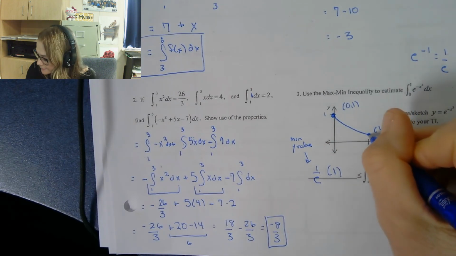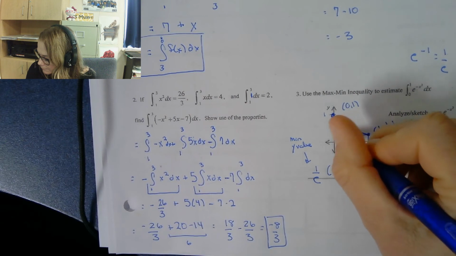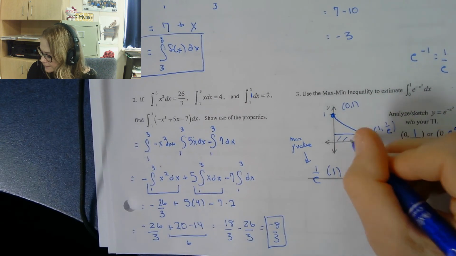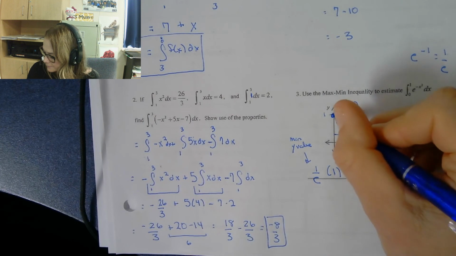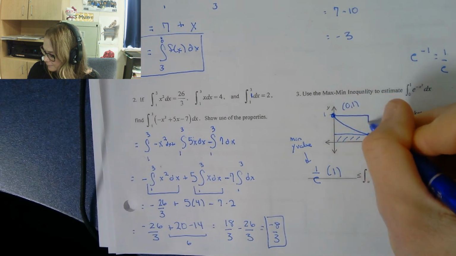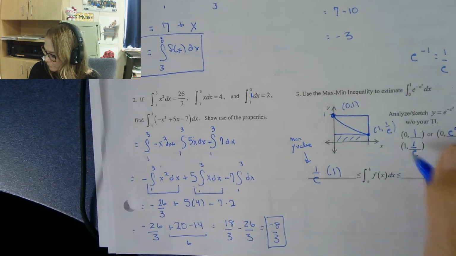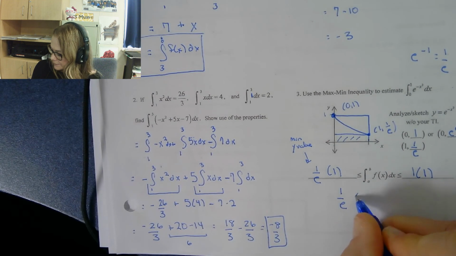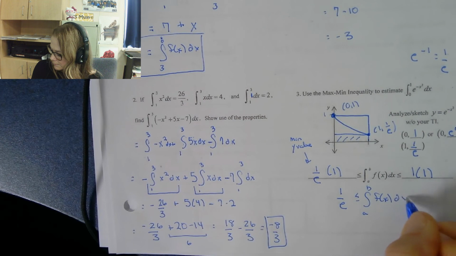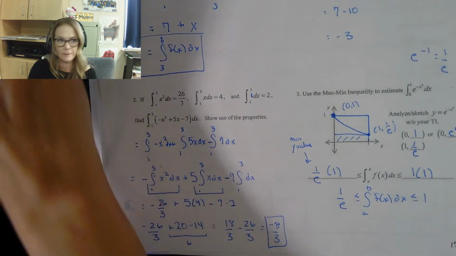So that would be this rectangle right here. So that area is going to be less than the area under the curve. And then the max rectangle would be a 1 by 1. So I know the exact area under this curve is somewhere between 1 over e and 1.